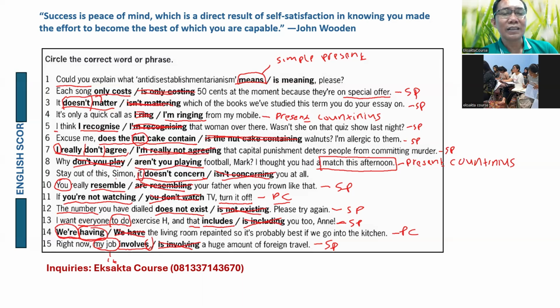Number nine, simple present. Number 10, simple present. Number 11, present continuous. Number 12, simple present. Number 13, simple present. Number 14, present continuous, or PC. Number 15, simple present. That is the explanation about number one to number 15, talking about simple present and present continuous.